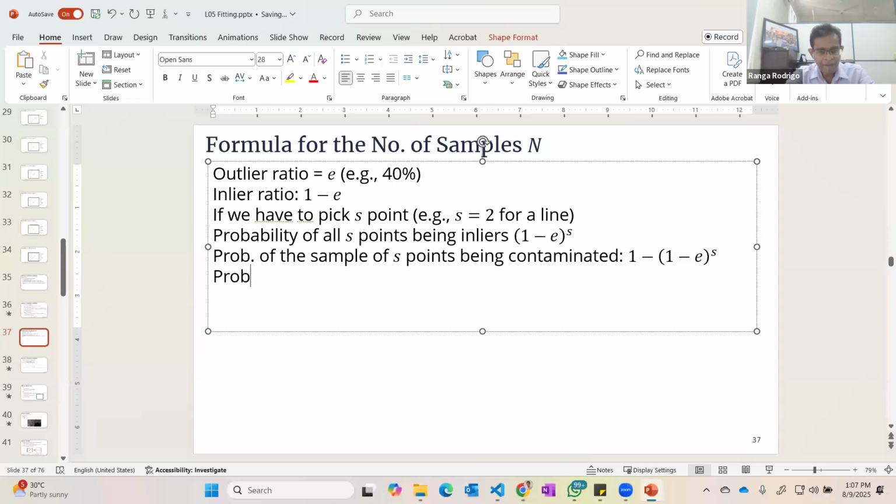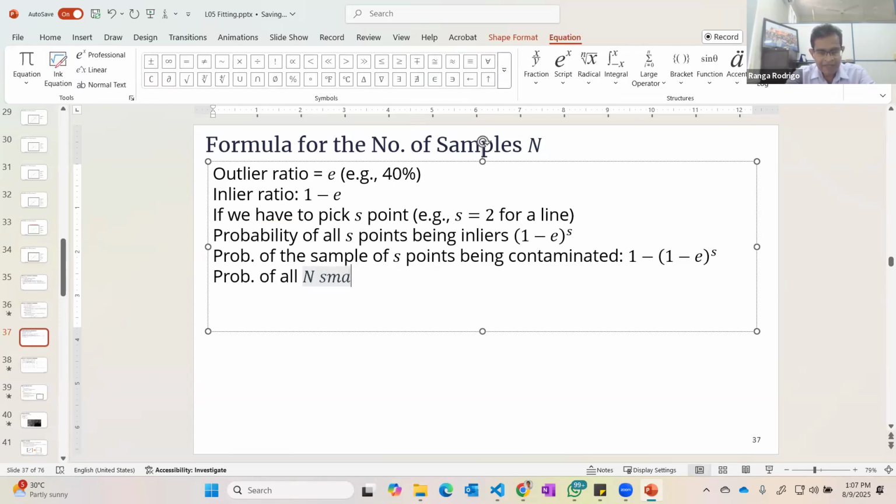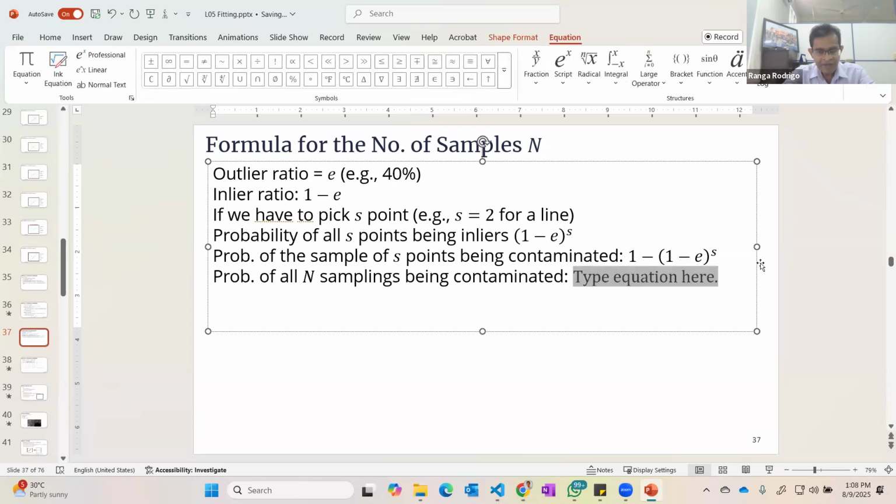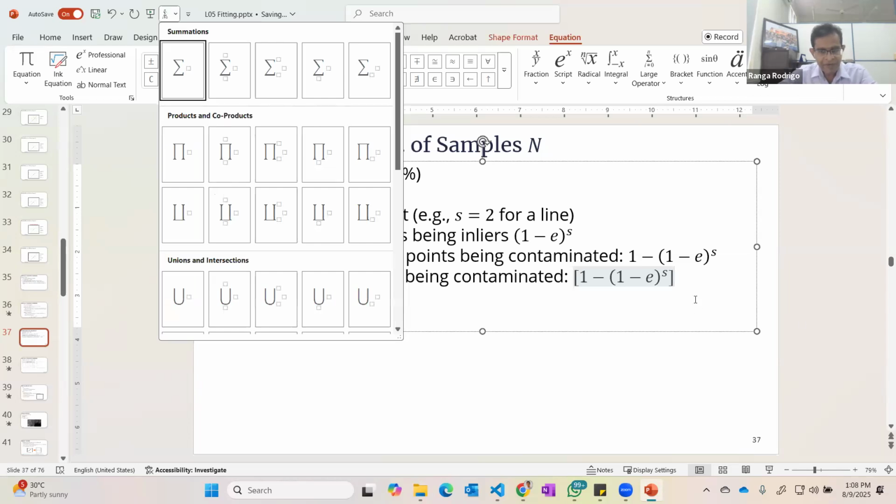Probability of all n samplings being contaminated. So this is just for one sampling. If all n are contaminated, you are in deep trouble. So (1 minus (1 minus e) to the power of s), and all n are corrupted, so this is to the power n.